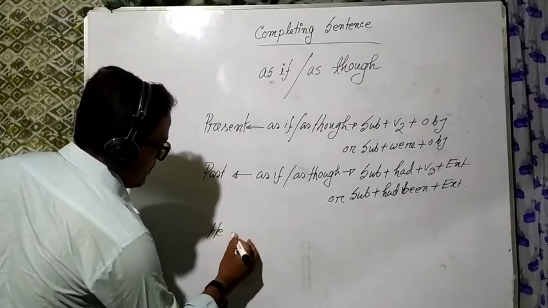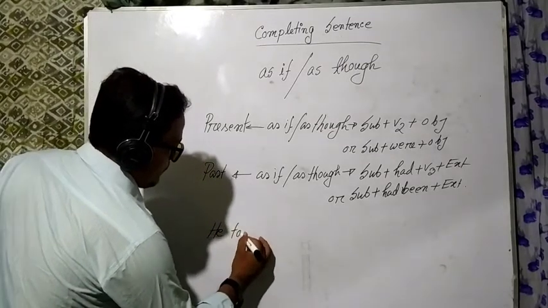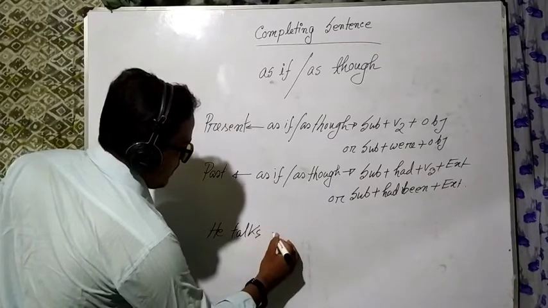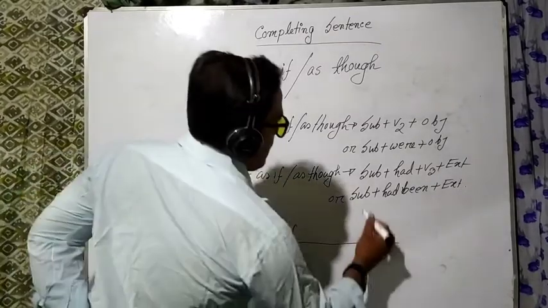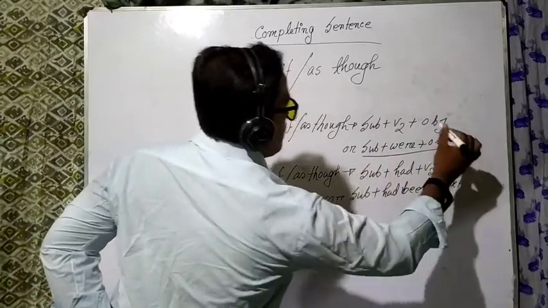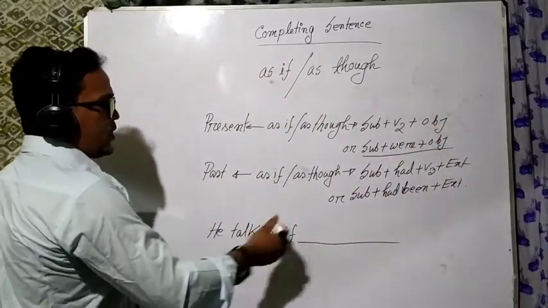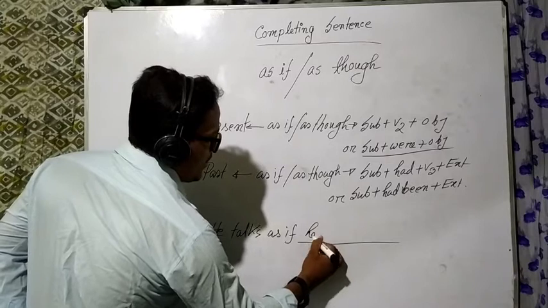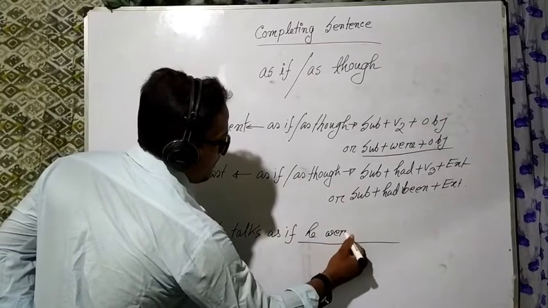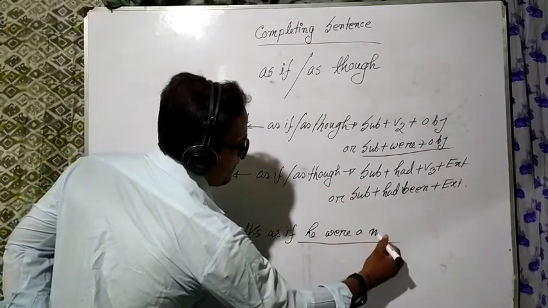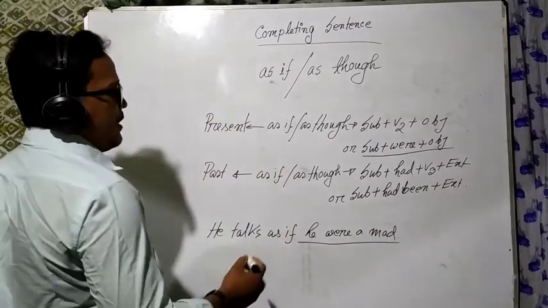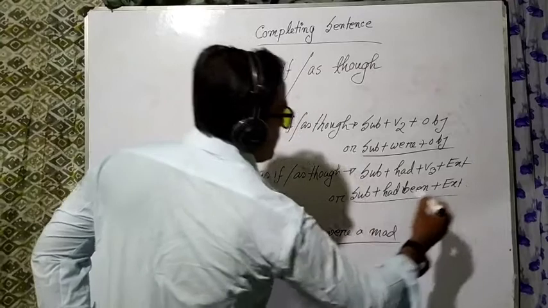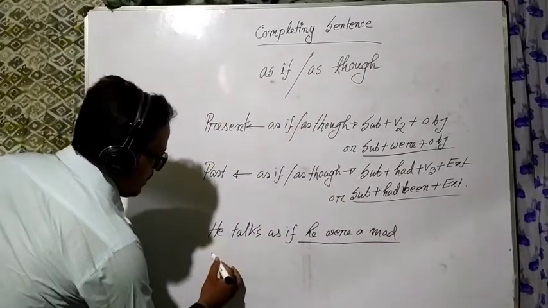He talks as if. Now I have to use this structure. He talks as if he were a maid. Now we can use this structure.